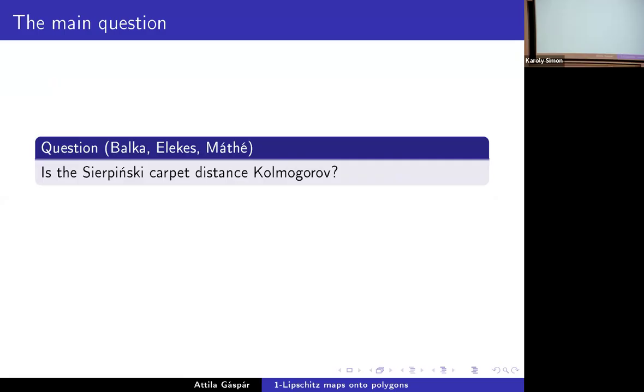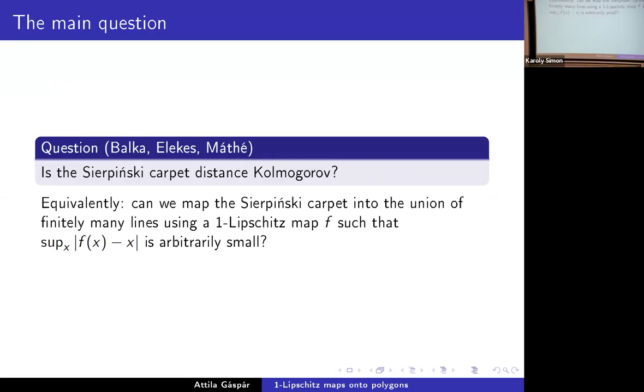Since the Sierpinski carpet has Lebesgue measure 0, it's equivalent to asking whether we can map it into the union of finitely many lines with small displacement. And it turns out that the answer to this question is yes, we can do this.